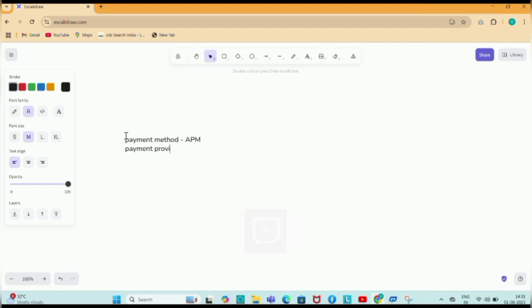So, in this class, we will see an APM. The APM stands for Alternative Payment Method. It is used for card capturing.